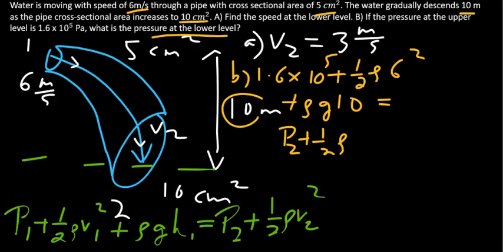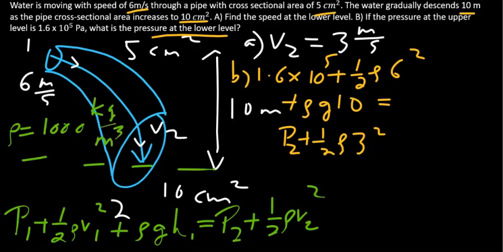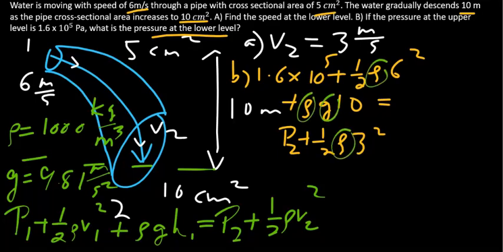V2 has been determined in part A to be 3, so 3 squared. Now keep in mind the density of water is 1,000 in SI units, so kg per cubic meter. We shall use that number. Gravitational acceleration is 9.81 meters per second squared. So substituting those two values in here, you can determine P2.